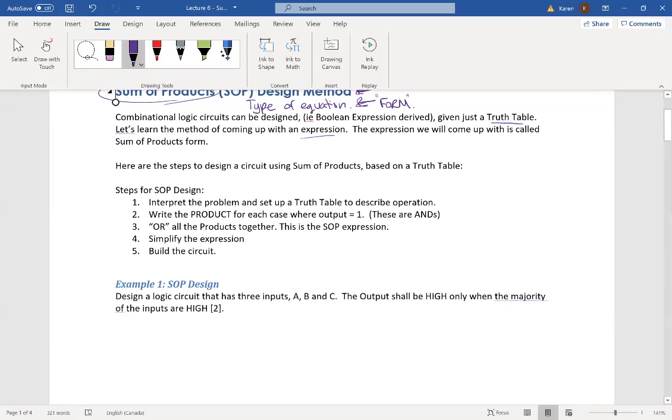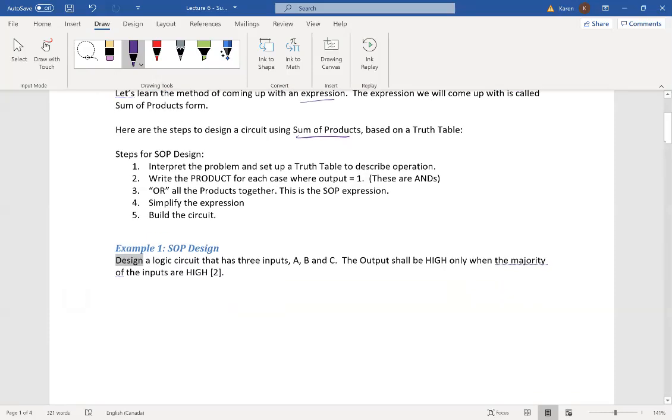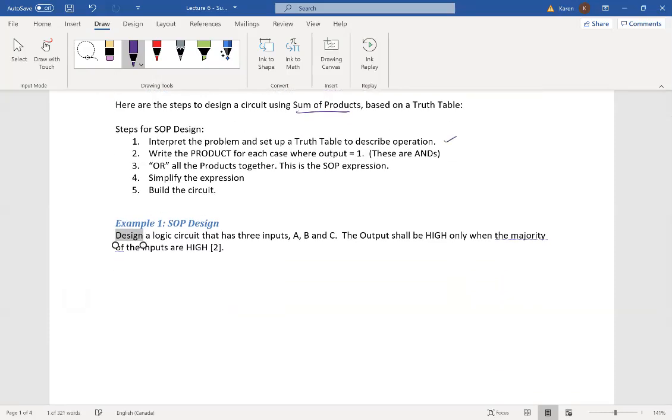Let's use the sum of products method, and the steps are as follows. First, we make a truth table, then we figure out the outputs that are 1, and then we write products for them, and then we OR all the products together, and that gives us our sum of products expression.